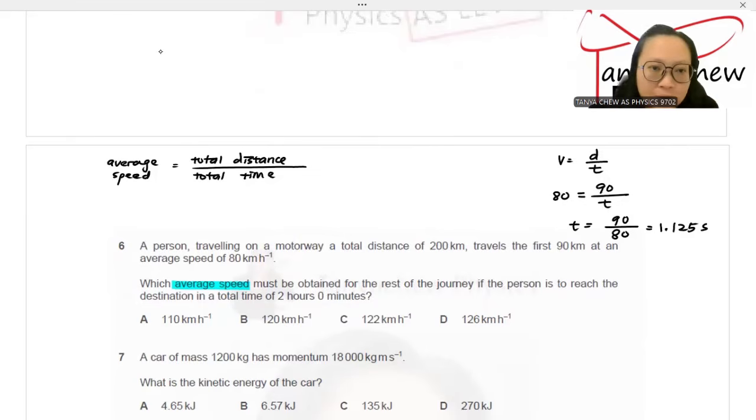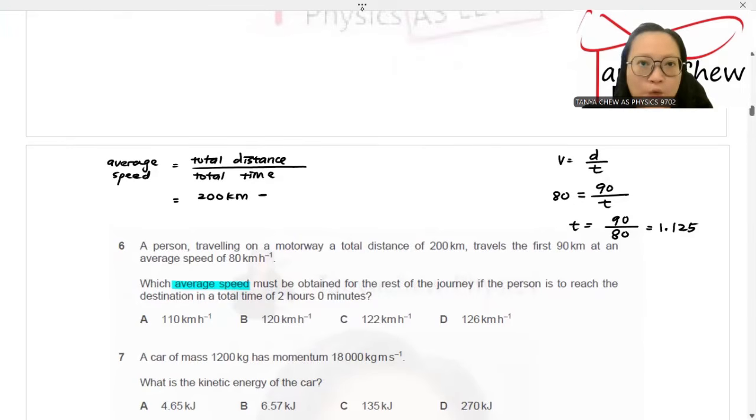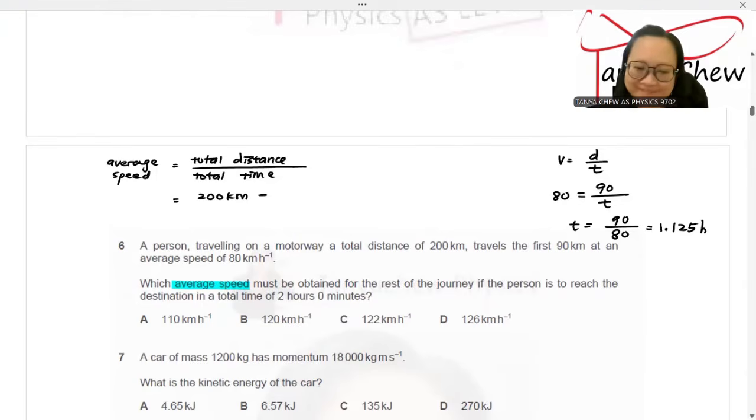So the remaining distance is 200 kilometers minus 90 kilometers, divided by 2 hours minus 1.125 hours.